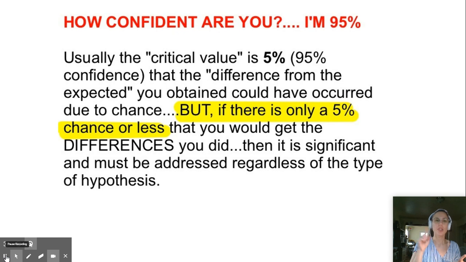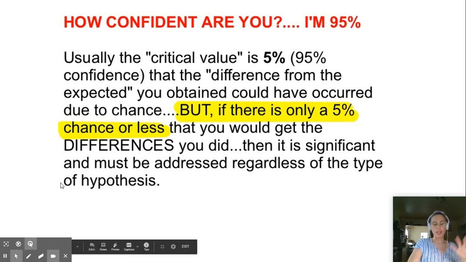Usually the critical value is 5%. This would be your 95% confidence interval. That's the difference from the expected that you obtained that could have occurred due to chance. But if there's a 5% chance or less that you would get the difference that you did, then that means there's probably something wrong with this deck of cards.